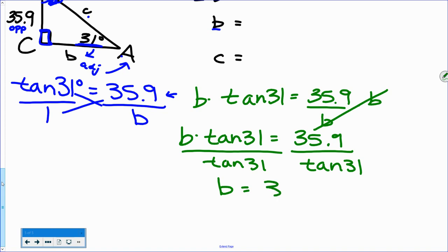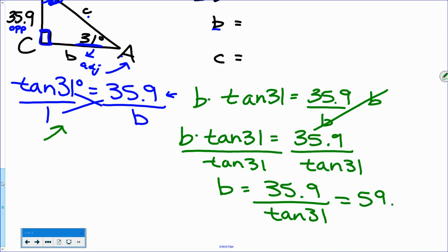So what I'm typing in my calculator is 35.9 divided by tangent of 31 degrees. Okay, whether you're thinking of it like a cross multiplication problem, you're going to get the same result either way. And then check your results here on your calculator. So side B, I had written down was 59.75. And we're in kilometers.